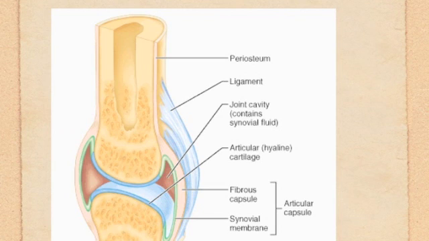Here you can see the periosteum, which covers bones, is the origin of ligaments that hold the two bone ends together, as well as the origin of the capsule that sleeves the two bones. You can also see the synovial membrane in green releasing the synovial fluid, and the blue covering the ends of the bone is the articular cartilage.